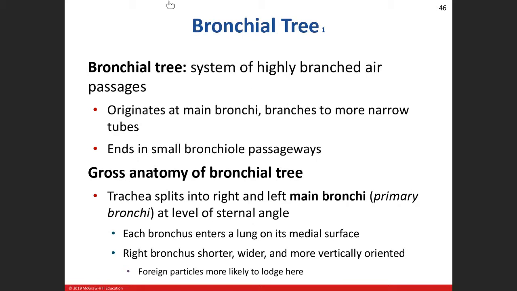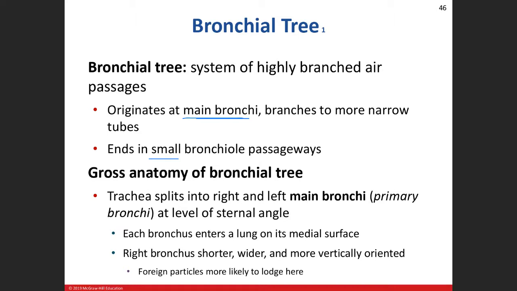So we're going to start off with the big structures and then wind up with the smaller structures, okay? So remember in 210, we talked about the primary bronchi, and then they branch off into the secondary bronchi and the tertiary bronchi.